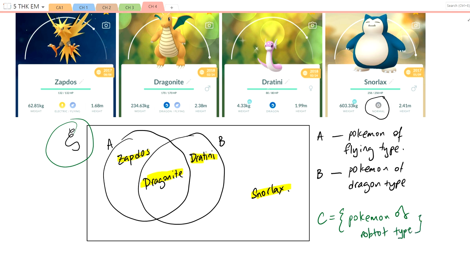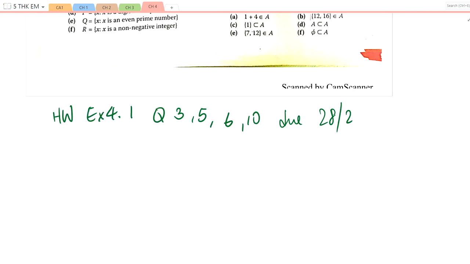There are no such Pokemon, so inside this set C, there is nothing. This is an empty set. I spelled robot wrongly, R-O-B-O-T. Okay, so these are your homework questions, due 28th Feb.